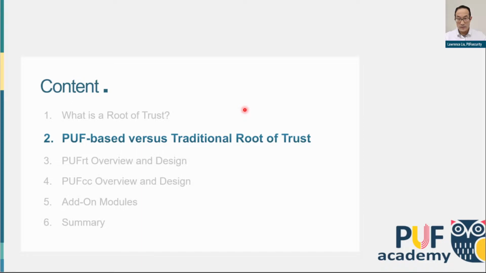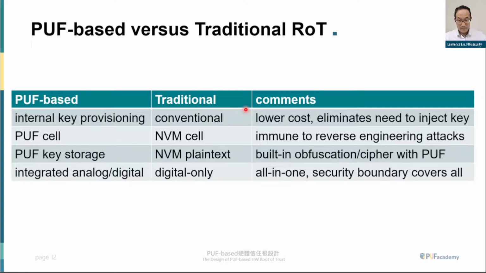Now we will go into PUF-based versus traditional roots of trust. This table summarizes the differences between PUF-based and traditional roots of trust. First, we have internal versus external or conventional key provisioning. Then the cells are different, PUF-based cells versus a normal non-volatile memory cell.